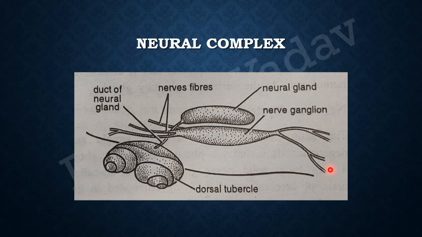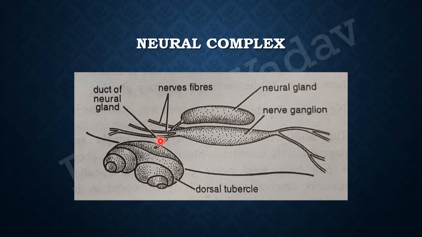And as you can see now, the comparative position here is very clear. The animal is viewed from the left side, and if we view the animal from the left side, all these structures are placed in this sequence. The neural gland is placed above between both the siphons, and below the neural gland is the nerve ganglion, and the duct of the neural gland passes in between the anterior nerve fibers of the nerve ganglion.